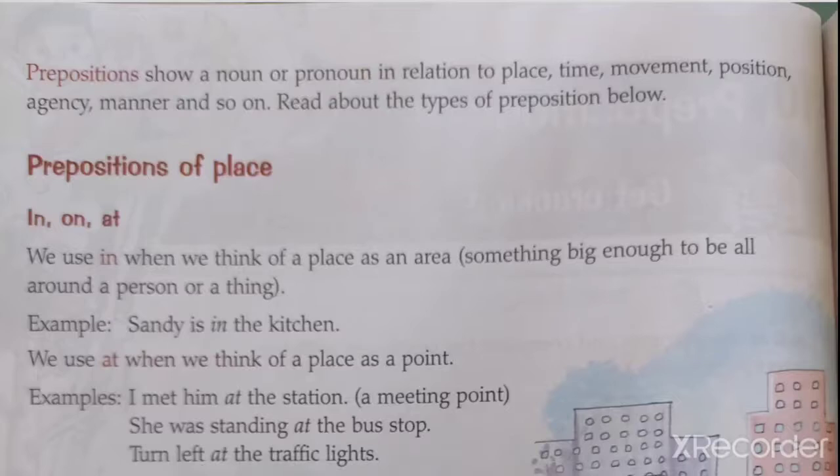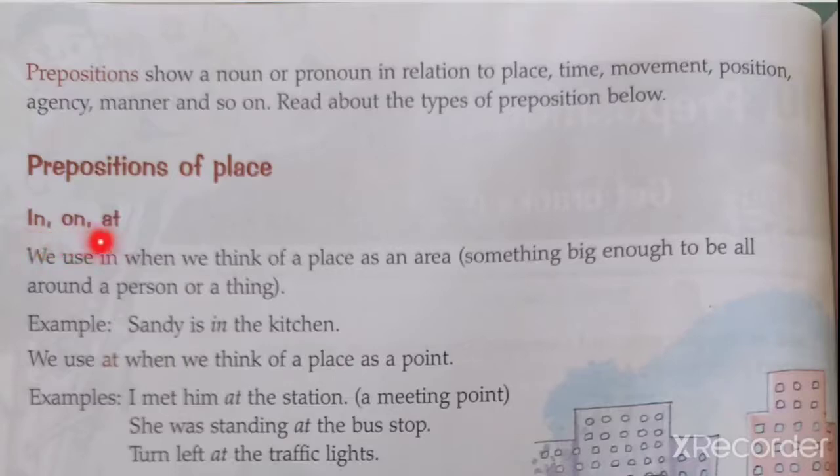So look at the first, prepositions of place. In, on and at. Now how to use them when we are talking about place? Now the same prepositions we can use for time, and for movement. So how to use in, on and at when we are talking about place?